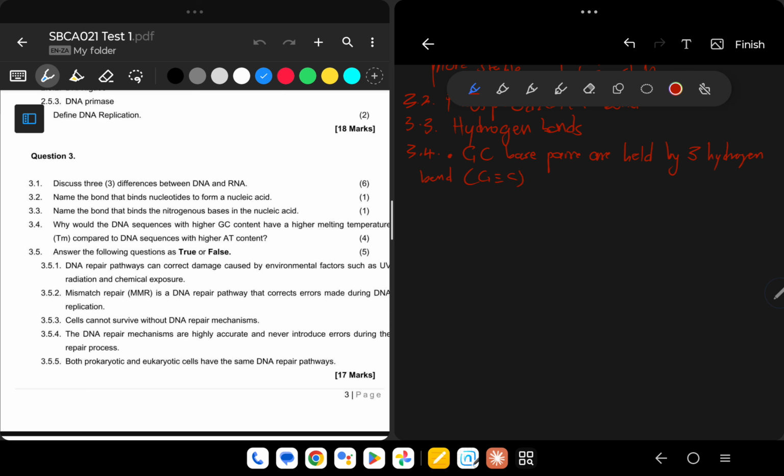While the A T base pairs have only two hydrogen bonds.